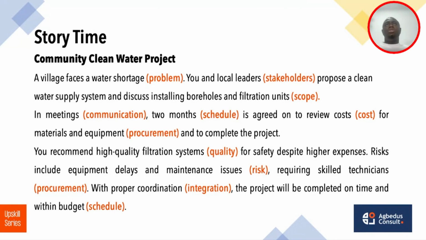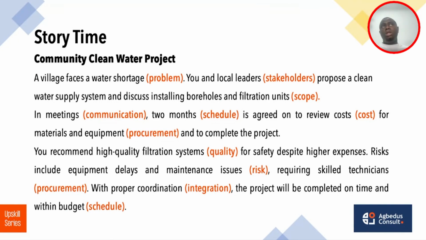What you discussed, you decided to do boreholes and a filtering system. In a meeting, 2 months is agreed on to review the cost for materials and equipment and to complete the project. You recommend a high quality filtering system for safety despite higher expenses. Risks include equipment delay and maintenance issues, requiring skilled technicians. With proper coordination, the project will be completed on time and within budget.